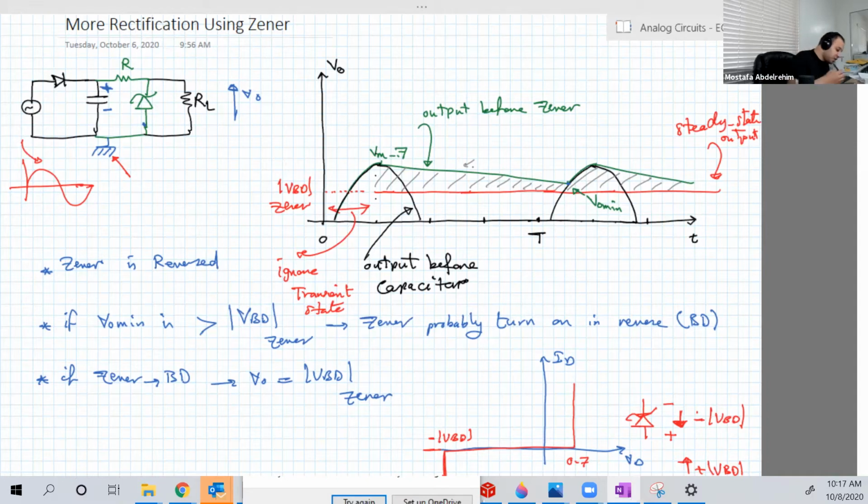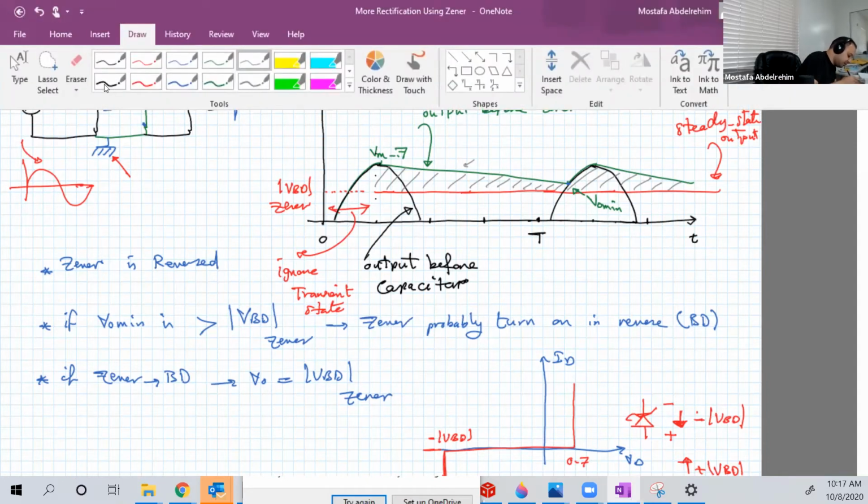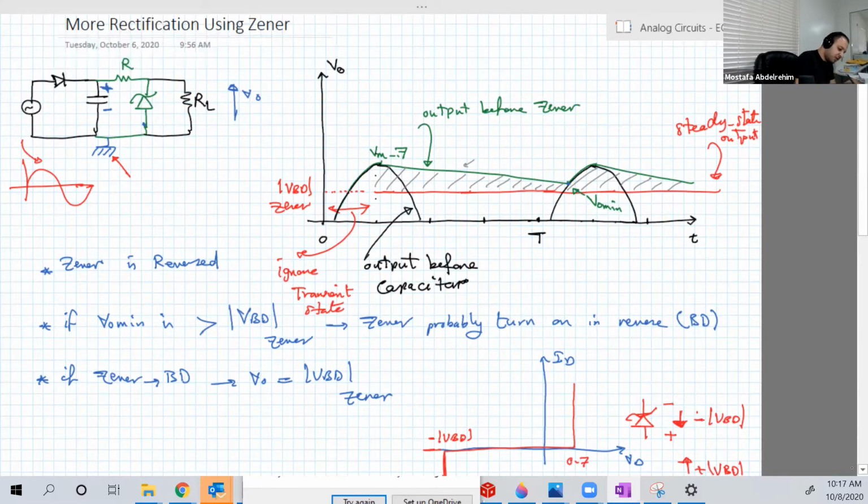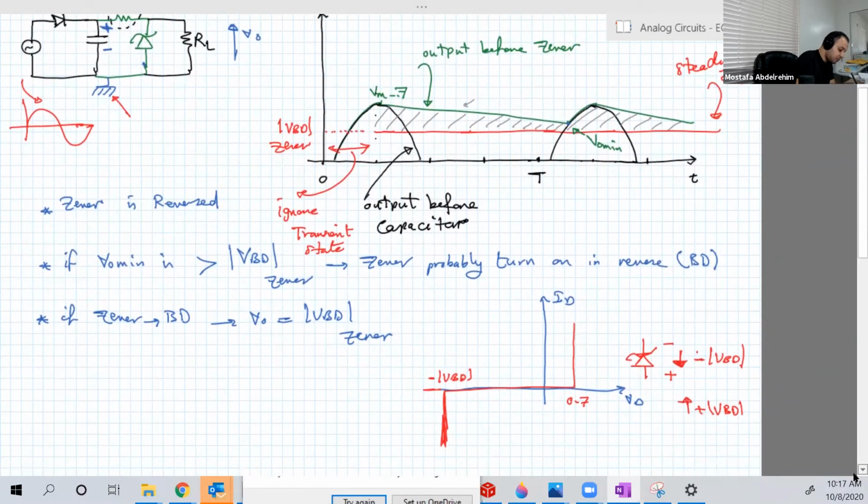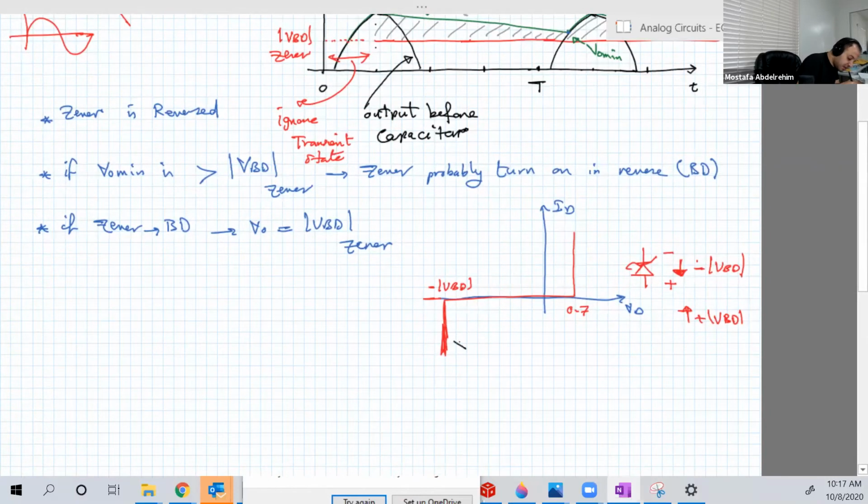Okay, now just one last important piece of information is about this R. If this is an ideal, straight line like this, remember that the slope of this dotted curve here is delta I over delta V. Ideally, this is equal to infinity.